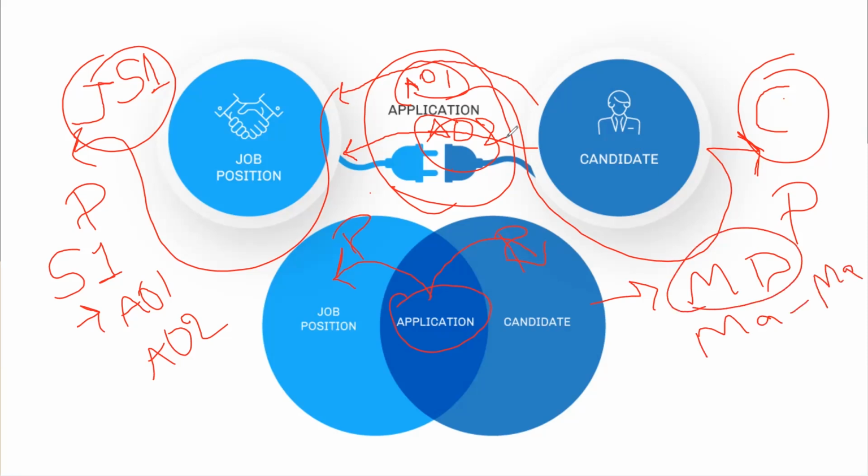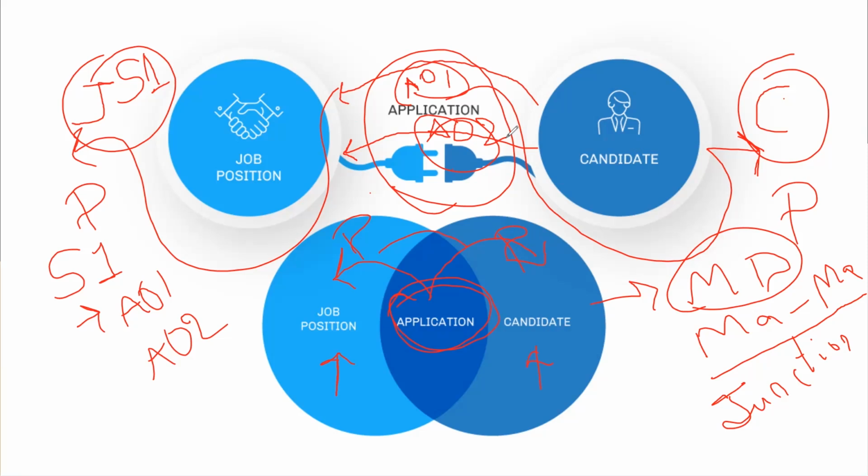And whatever object is a child object to both the parents is called a junction object. This junction object will combine, or will be placed between, these two parents. Clear?